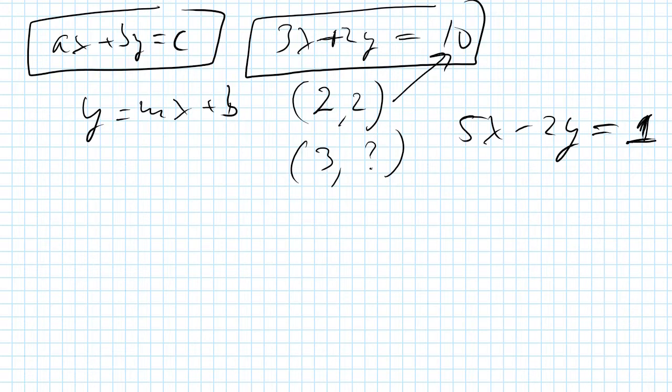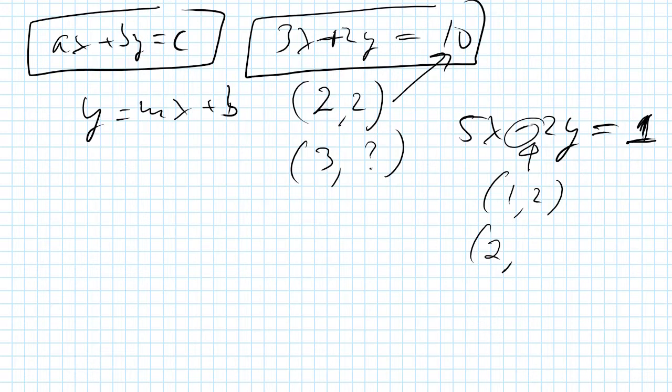Usually you can make it so it's easy to find one pair, like 5x minus 2y equals 1: 1 comma 2 makes it true. 5 minus 4 is 1. But then, asking what happens when x goes up by 1. Well, now x is 2. Well, there's a minus here.